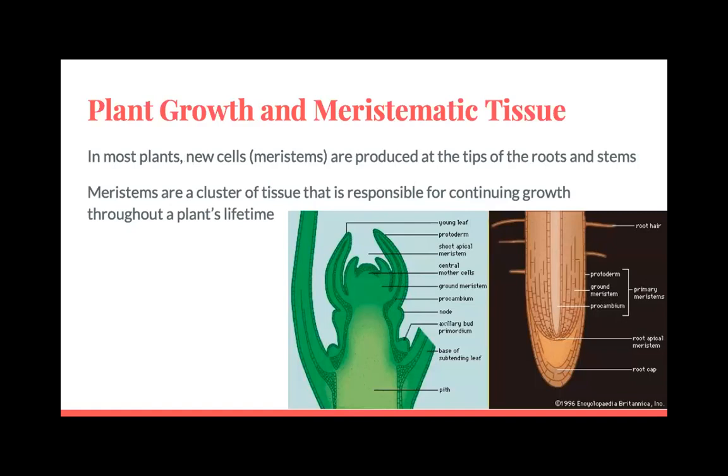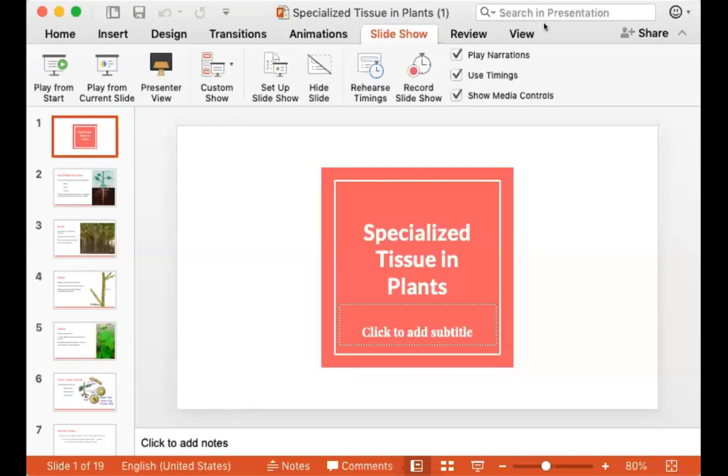It doesn't occur on the surface and it doesn't occur in the veins of the plant. So then it's got to occur in the ground tissue. Questions on that? Okay. Okay. So I'm going to stop there.